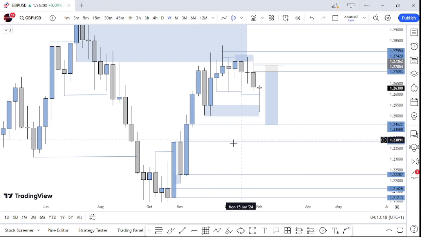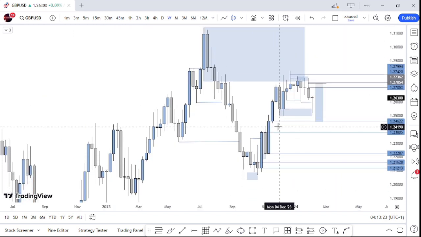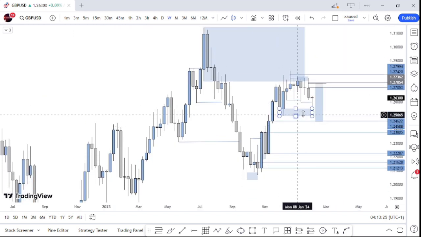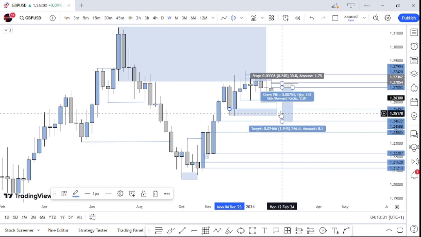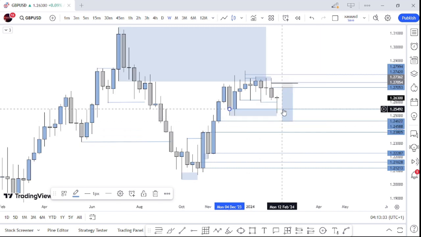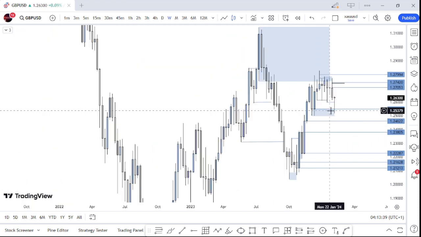Any of these ones will play out, and they'll be very volatile, especially because of this low. But if you get a nice closure, you can have a break and a retest, like a break of this low and then a retest to this level. There are possibilities, but I don't think that will happen.